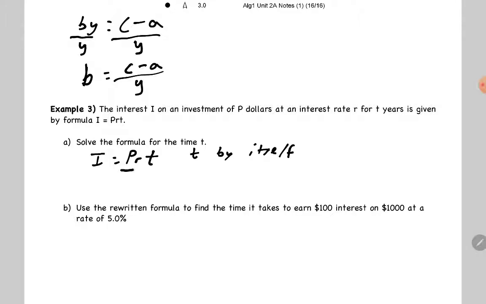So I'm going to divide by p and r because they're both being multiplied to t. When I do it to one side, I must do it to the other. So t is equal to I over pr.